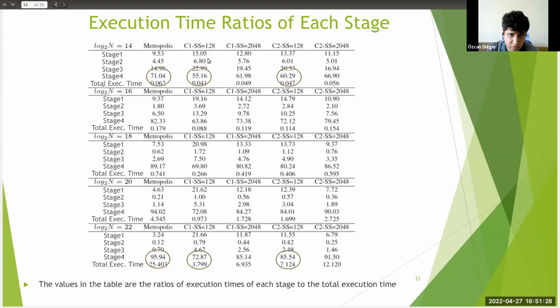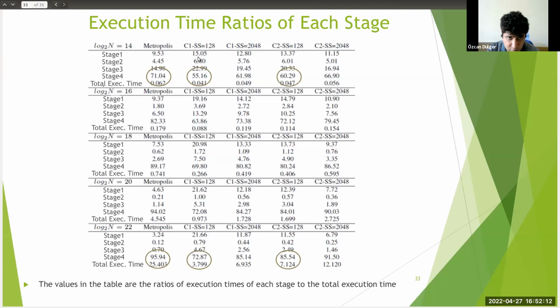But with our proposed methods, the ratio of the execution time of C1 to the total execution time is 72.87%, around 72, and the ratio for C2 is 85%.